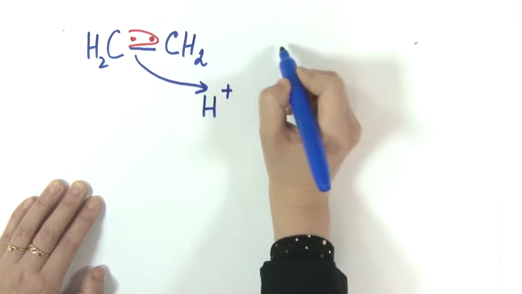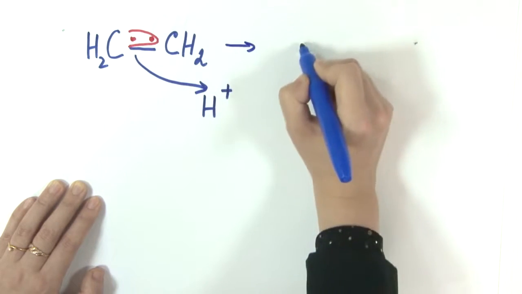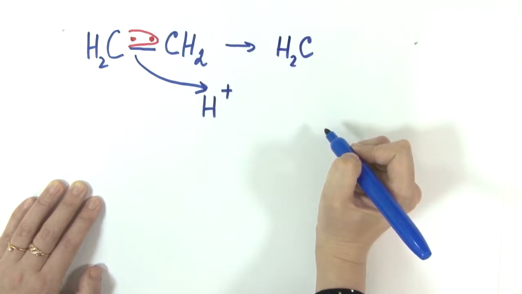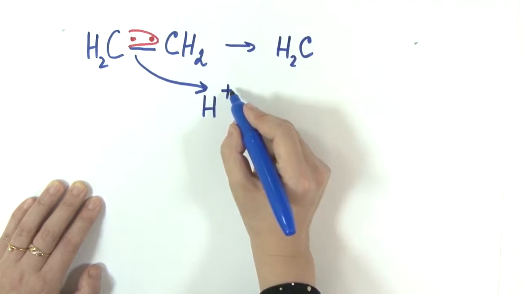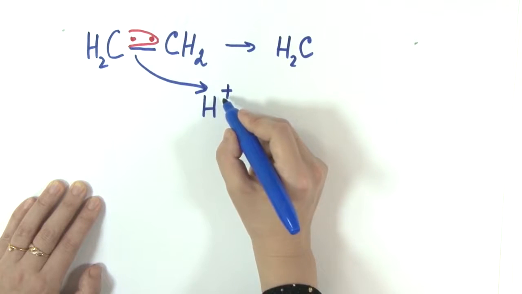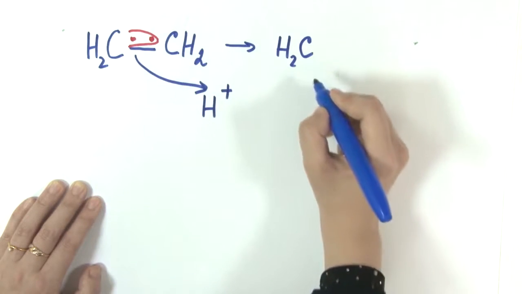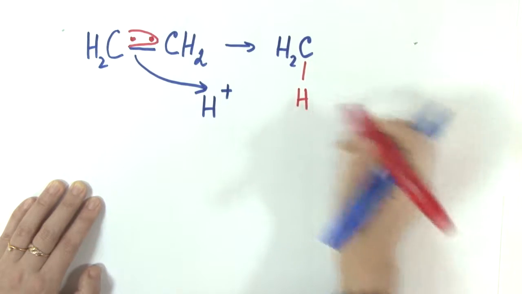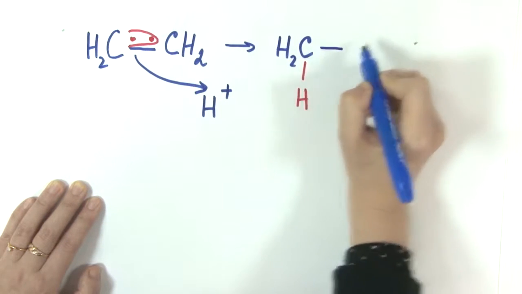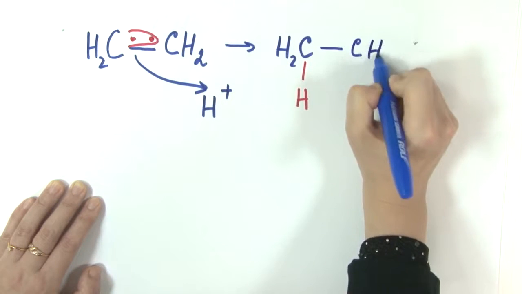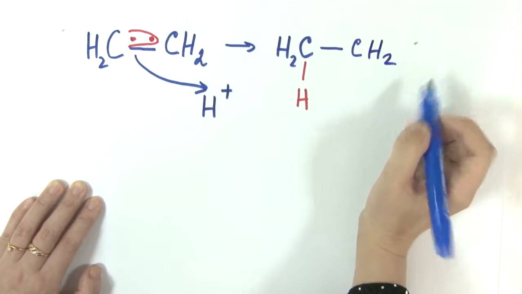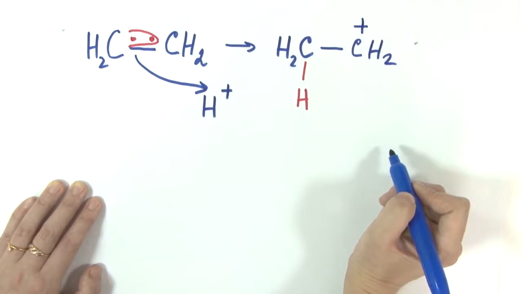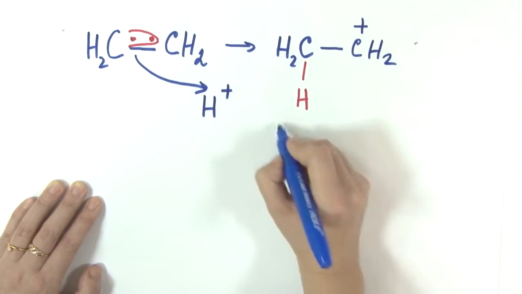Through this bond pair, our proton is joined to one of the carbons. At the second carbon, a positive charge forms. At this stage, we obtain the carbocation.